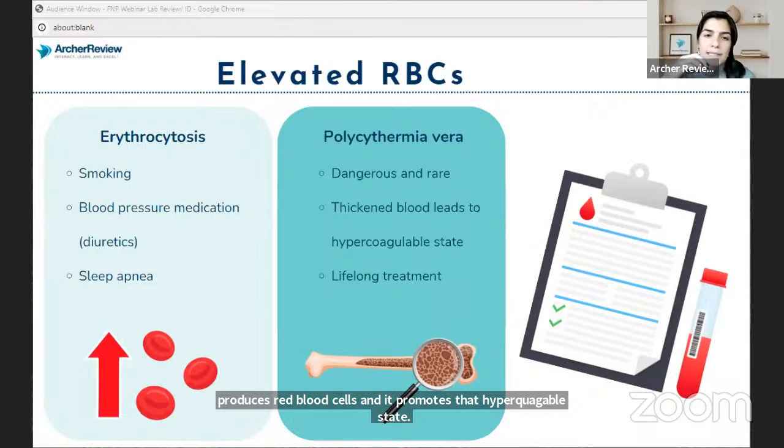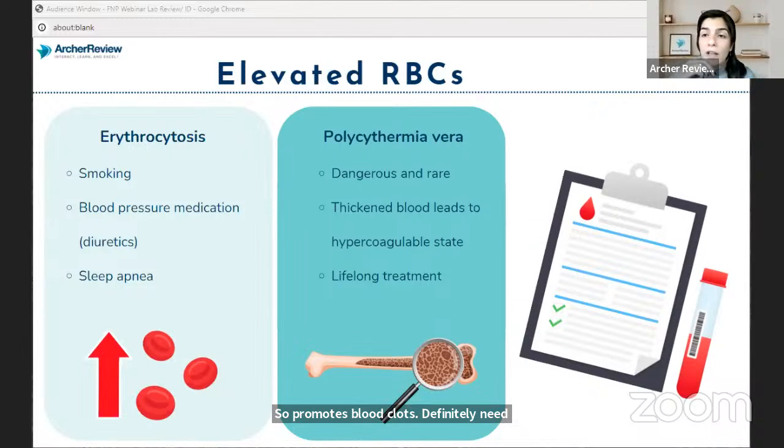Definitely need to rule this out because that patient will need lifelong treatment. So if you see an elevated red blood cell count, you want to make sure you further investigate. Even if it's things that are not as acute, like sleep apnea or smoking, you want to talk about smoking cessation with your patients, treat the sleep apnea, maybe they need to change their blood pressure medication. You definitely want to make sure you don't ignore an elevated red blood cell count.